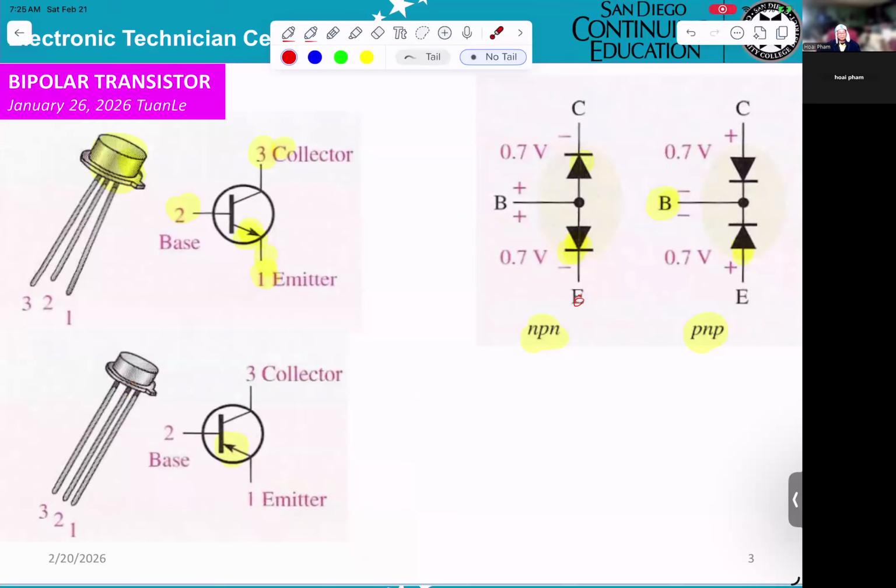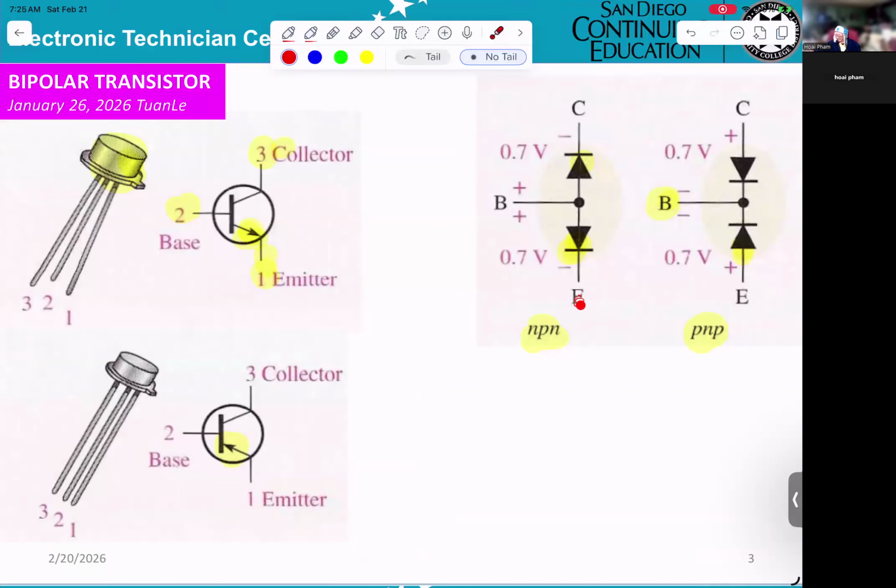If you're working on the lab, you have to use this or the other one. On the transistor, you can see the base here, emitter here, collector here. That means from the base to collector, you get a diode, and from the base to emitter, you get another diode.